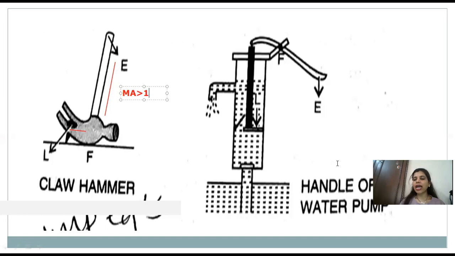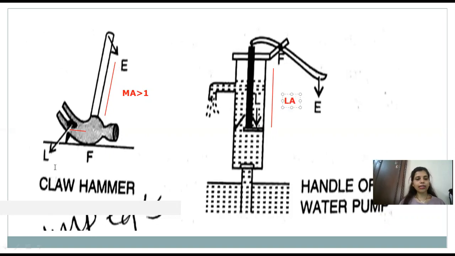Now, in case of the handle of the water pump, you can see that the load is over here. So you have to mark the position of the load properly. The fulcrum is this fixed point, and this is the effort. Now you can see over here, the load arm is longer than the effort arm. So when the load arm is longer, you can see over here, this is the length of the load arm. I'm writing it in short form as LA. You have to write completely as load arm. So this is the load arm.